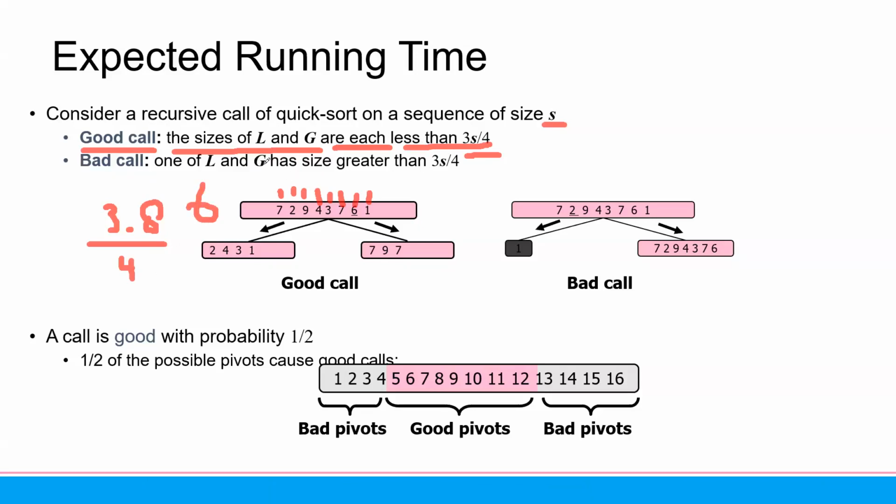But if it is greater than 3 multiplied by S divided by 4, then it is a bad call. So this one is 1, 2, 3, 4, 5, 6, 7. Okay, we have 7 elements. Actually, we need to have 6 based on the 3 multiplied by S divided by 4. Then this is a bad call.